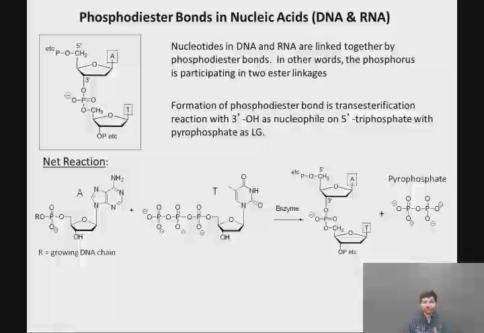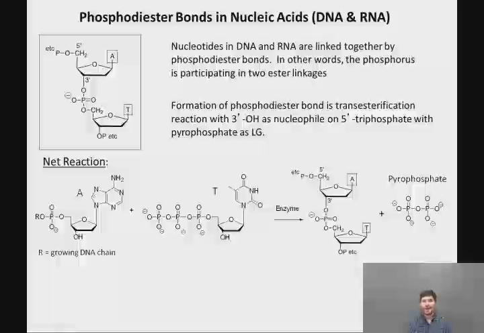So the incoming nucleotide, the thymidine, is going to come in as its triphosphate on the 5' carbon. And what happens is the adenosine uses its 3' hydroxyl to attack the 5' phosphate.